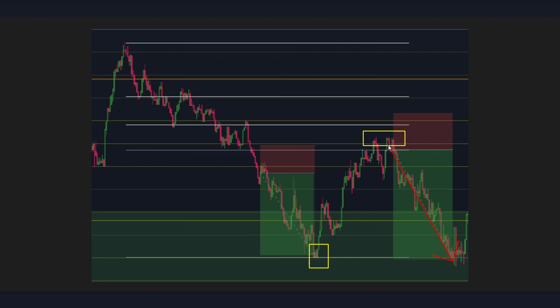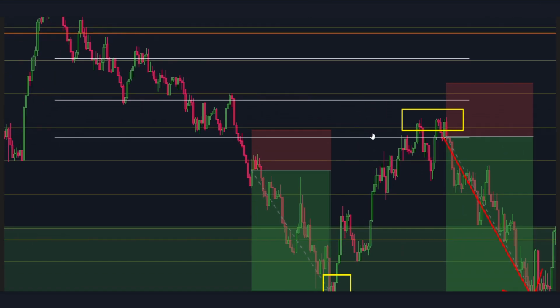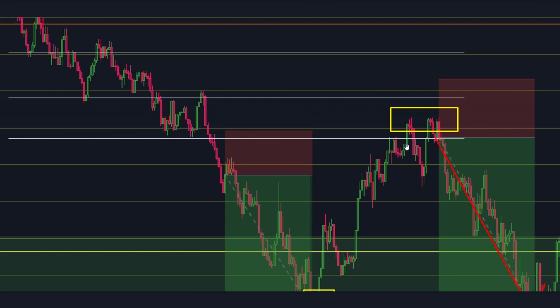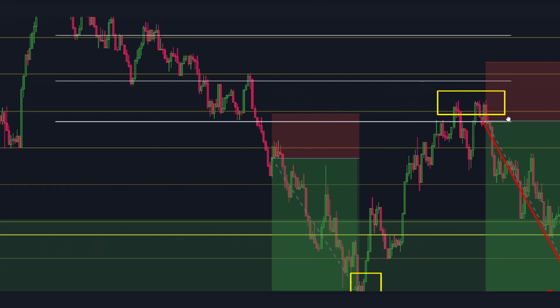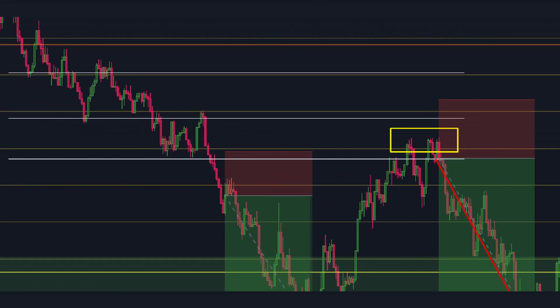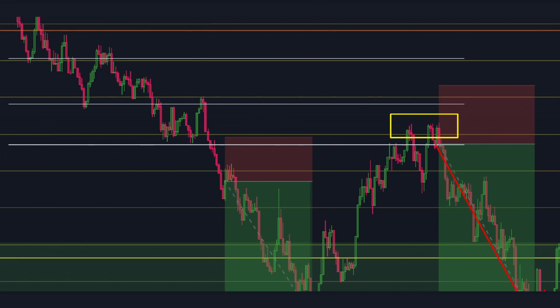Where could you have entered? Knowing myself, I could probably have entered over here, either over here or over there at this candle close. 15 pips should still be good.